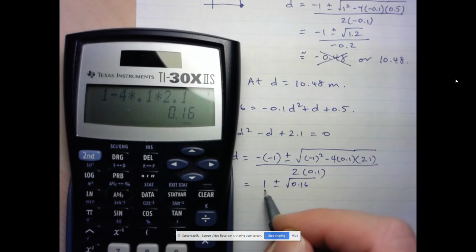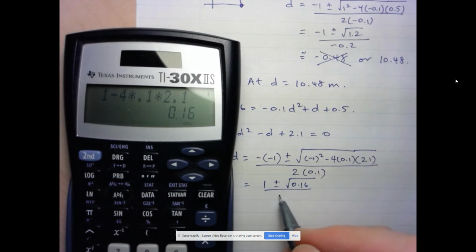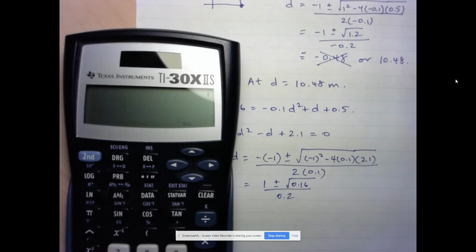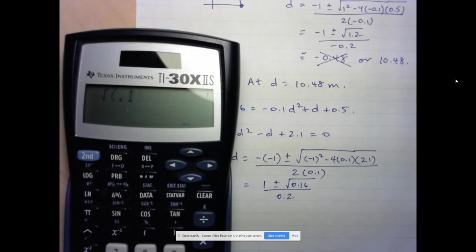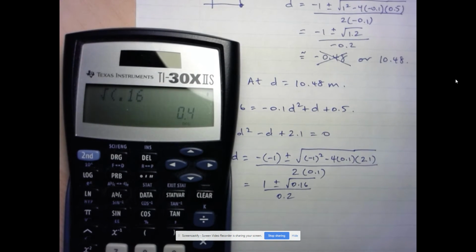Actually, that looks like it's a perfect square. And the denominator is going to be 2 times 0.1, which is 0.2. In fact, we can check here: take the square root of 0.16, and hey, it's a perfect square.